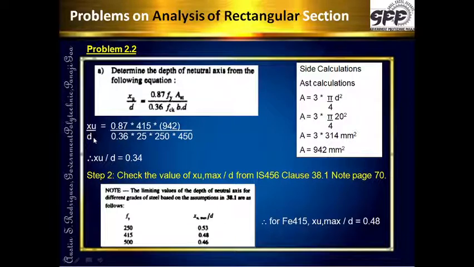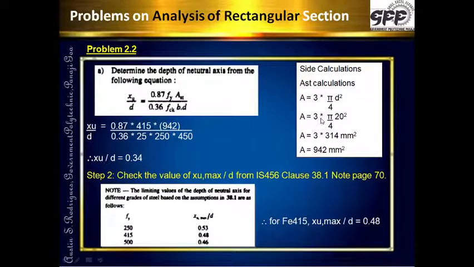Now XU by D is equal to 0.87, which is just a number. Fe415 steel has been given, so Fy, the yield stress of the steel, is 415. AST we have been given indirectly, so we will be doing the calculations. The area of steel is 3 bars of circular area, so pi d square upon 4, where d is 20 mm.